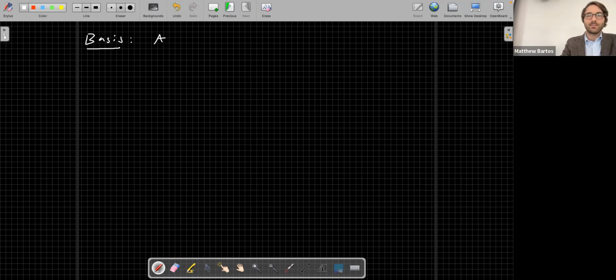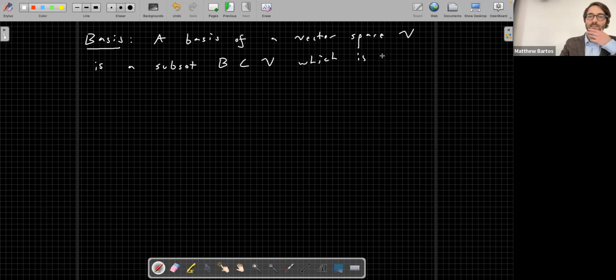A basis of a vector space V is a subset B of V which is linearly independent, so it's a linearly independent set that spans V.